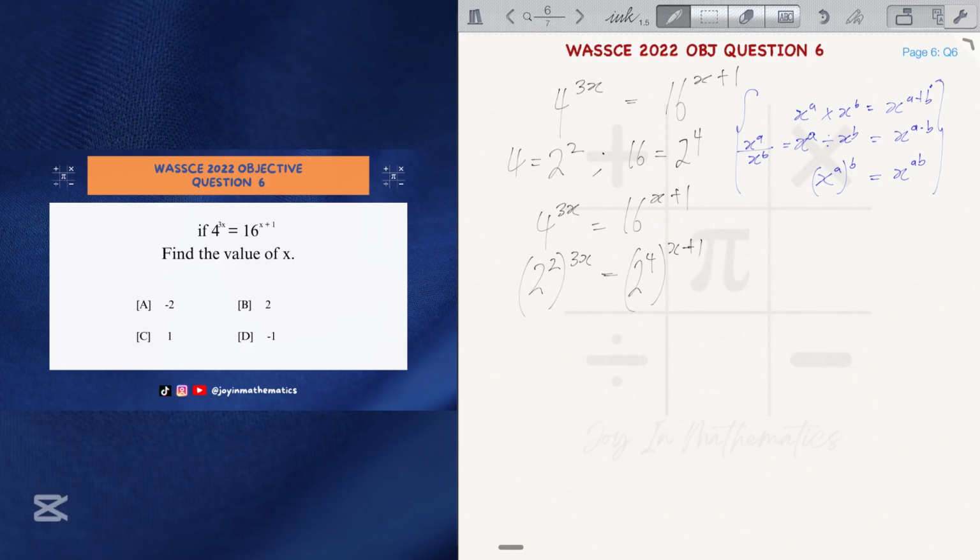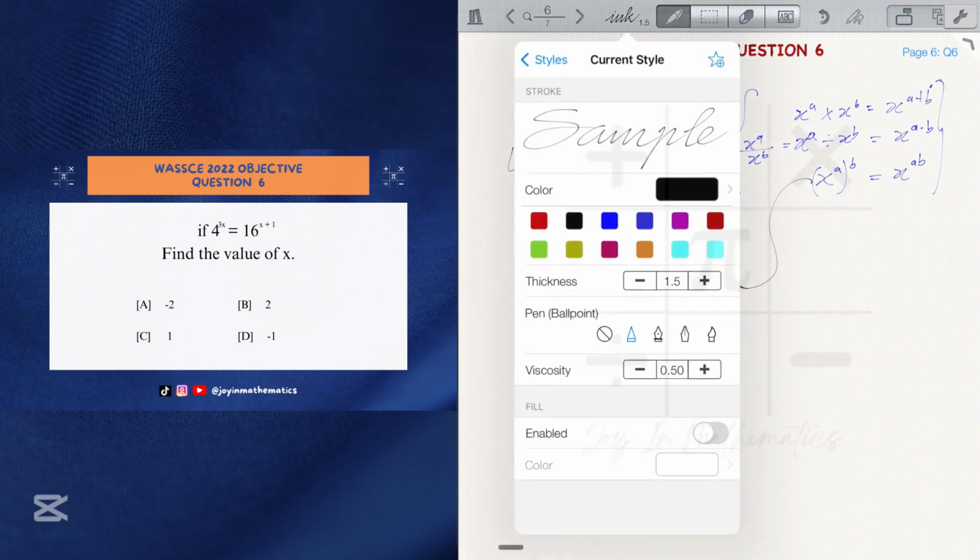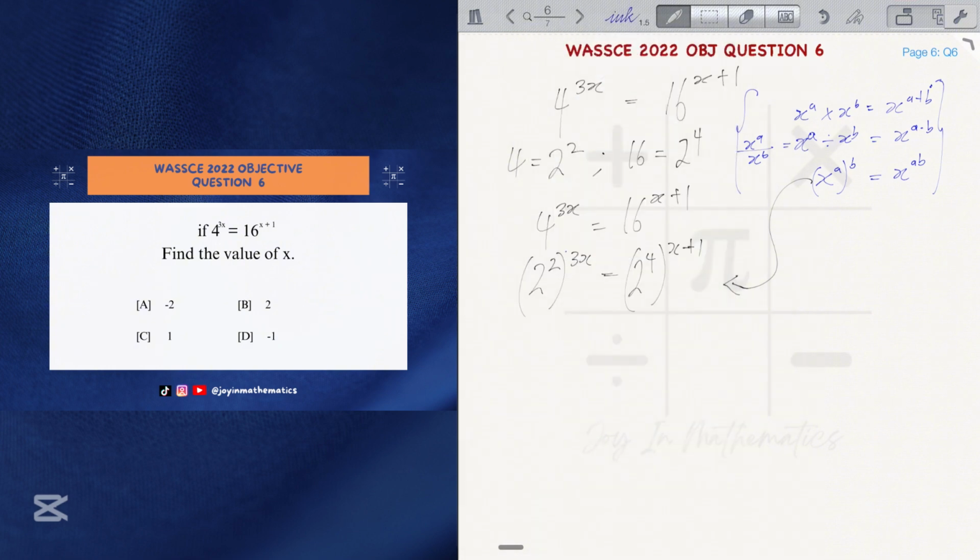Now let us apply this principle of power law. The power law states that when we have x raised to the power of something, everything raised to the power of another thing, it will be the product of their powers. So what this means is that we'll have to multiply 2 and 3x, and in the same vein we'll multiply 4 and x plus 1.